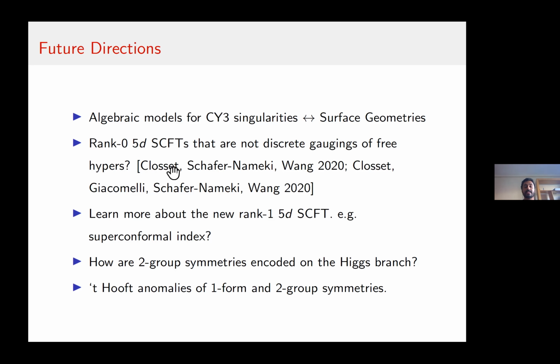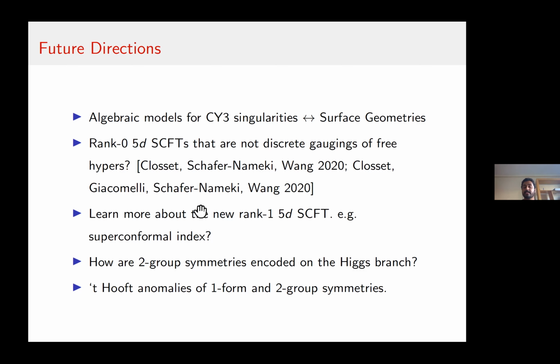And some work in this direction has recently been done, trying to study this kind of algebraic models of Calabi-Yau singularities. But it's not clear at this moment whether they are discrete gaugings of free hypers or not. If we can find some models which are, and we can definitively prove that they are not discrete gaugings of free hypers, they would be very interesting rank 0 5D SCFTs. That will be new SCFTs.